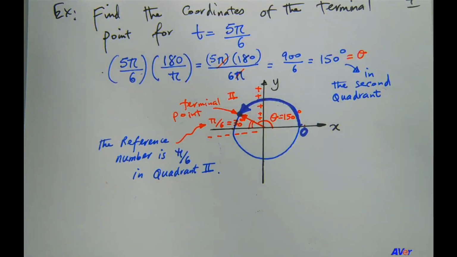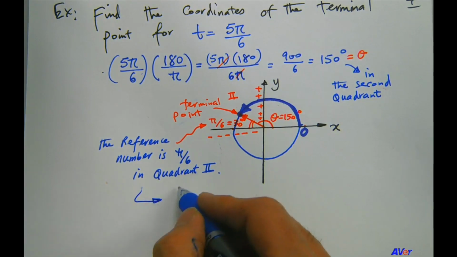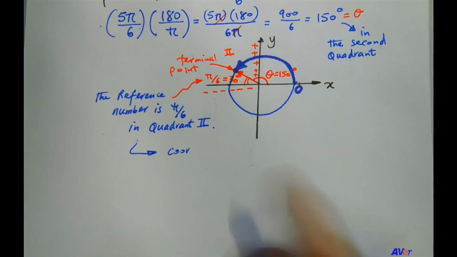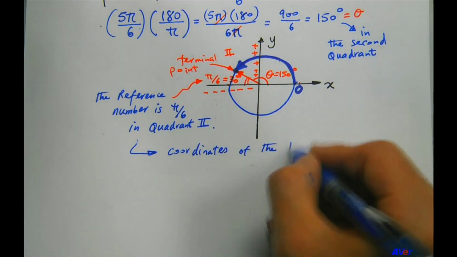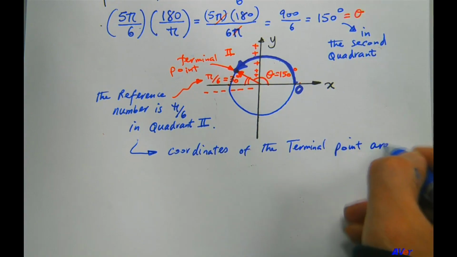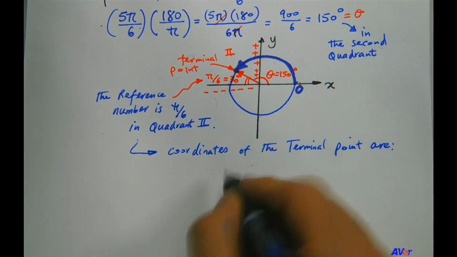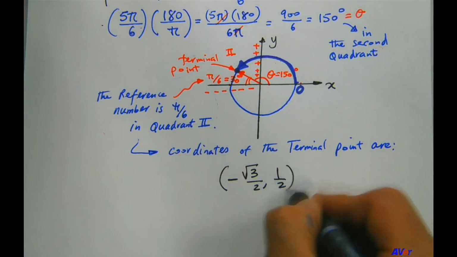Okay, so therefore, the coordinates of the terminal point, let me move this up a little bit, terminal point R, this one, are negative square root of 3 over 2, comma, 1 over 2.